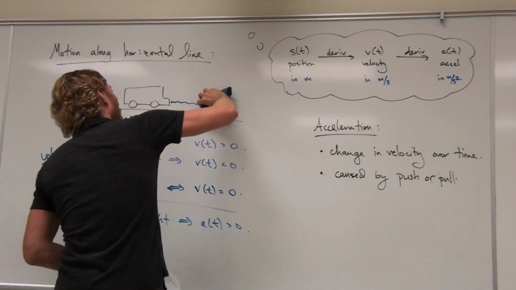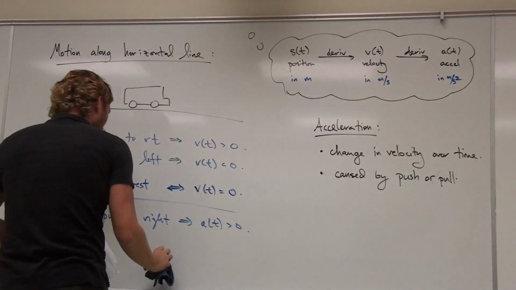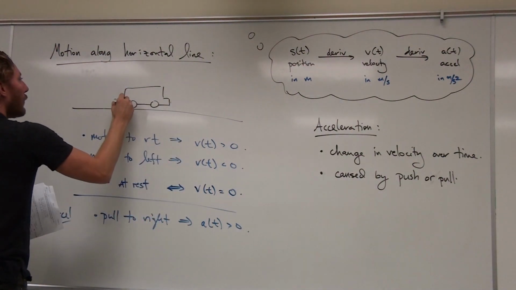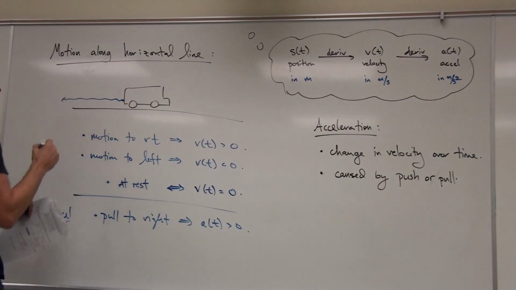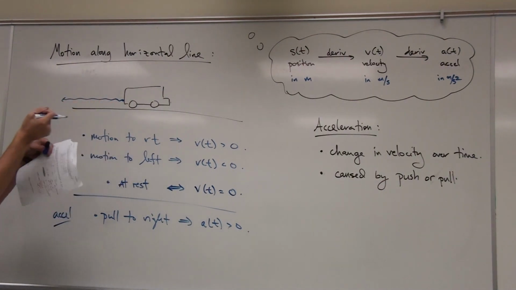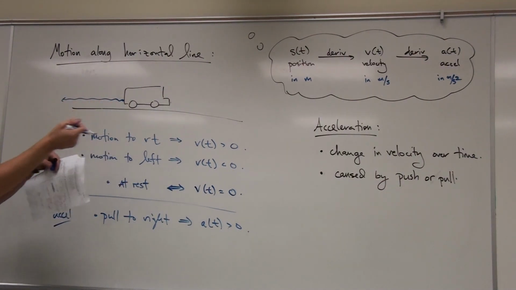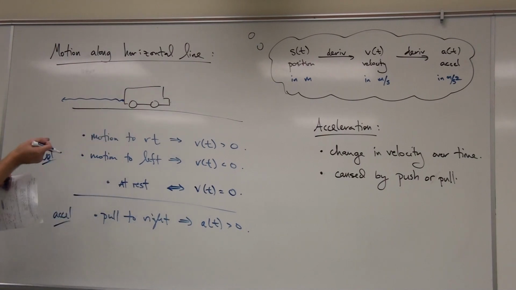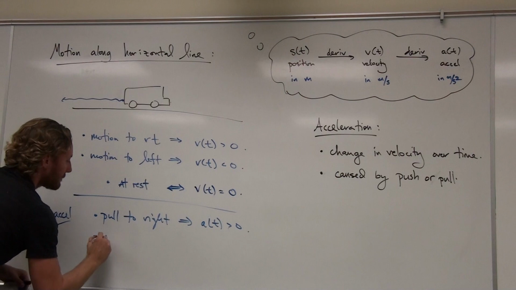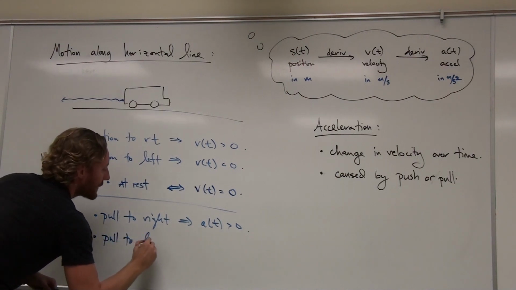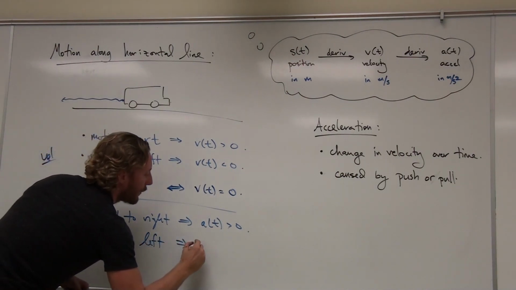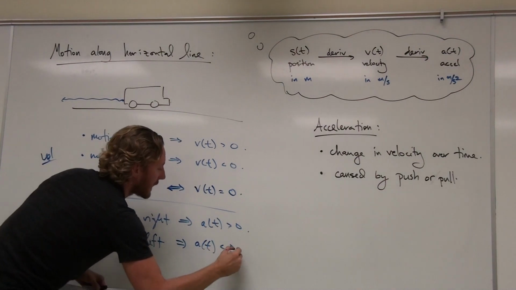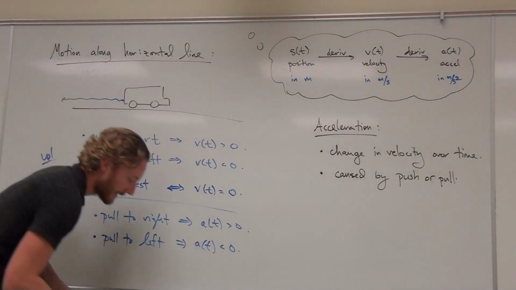And on the other hand, you could also have an acceleration with some sort of rope or object attached to the vehicle pulling in the other direction. So if you're pulling to try to bring the car back to the left, a pull to the left, we're going to call acceleration less than zero.